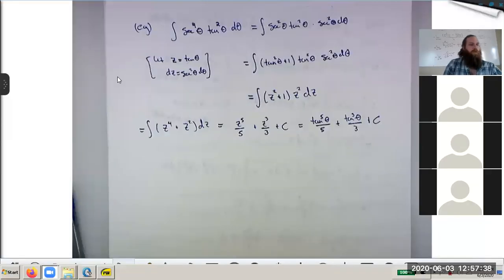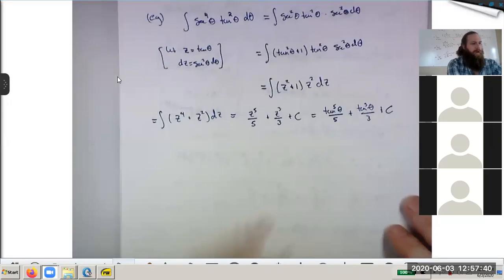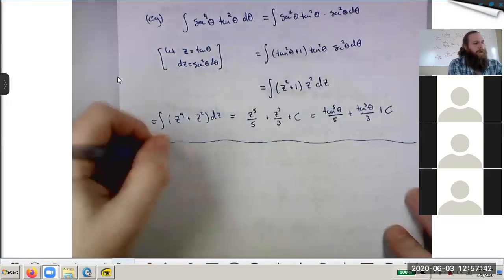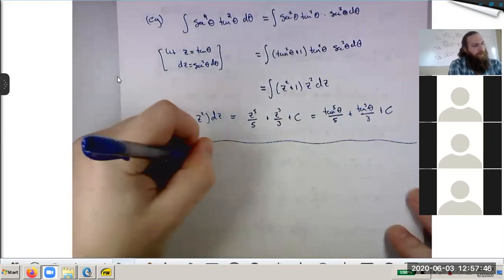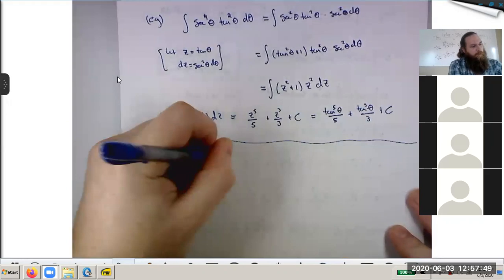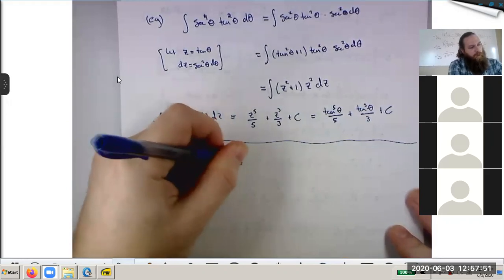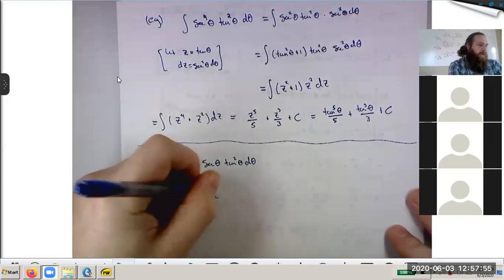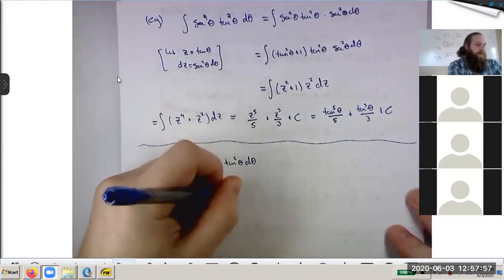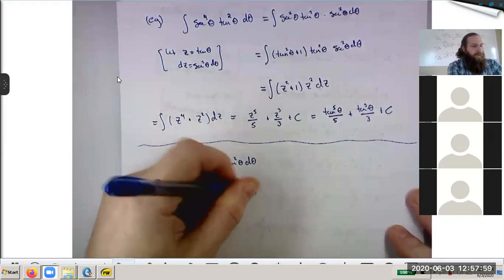The only integrals here we haven't looked at are the nightmare case ones, where the powers of secant are odd and the powers of tangent are even. I'm not going to solve it right now, but look back at your notes from integration by parts, and this is where we will start next time. We can look at secant theta times tan squared theta d theta, and we can look at secant cubed theta tan squared theta d theta.